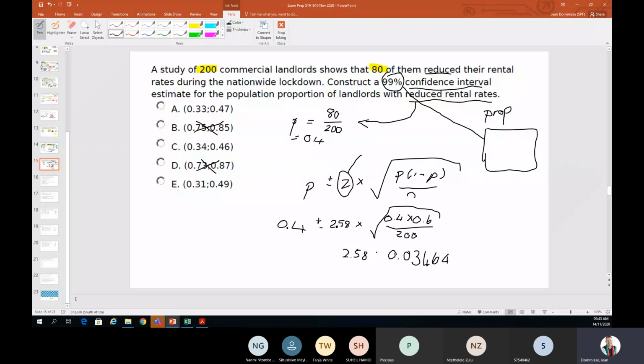We will probably not have too much of a problem on that side. So then that times the 2.58 gives me plus minus 0.08937. Okay.